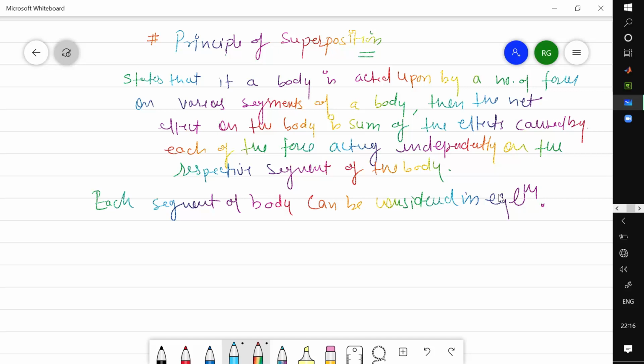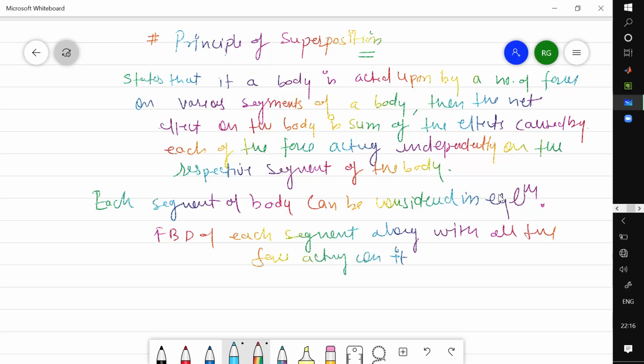For this, first of all, we'll draw the free body diagram of each segment along with all the forces acting on it.